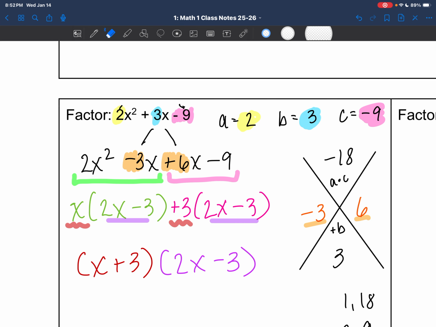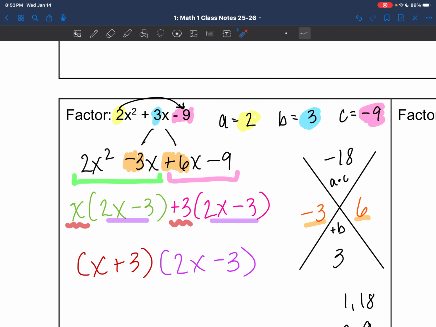Don't forget that negative. Now that you've labeled which one's what, let's make your x, and remember the top part is A times C. Well, A times C is negative 18.